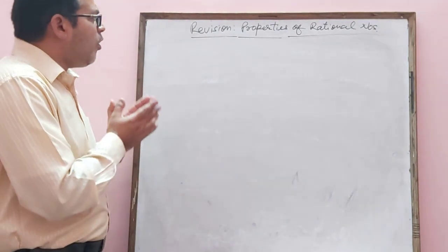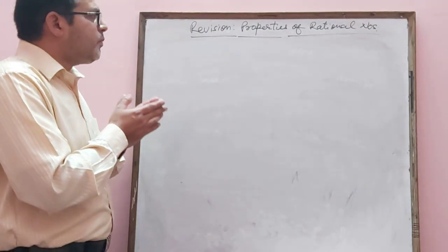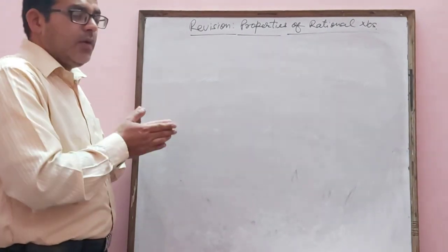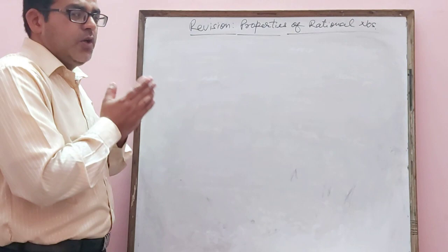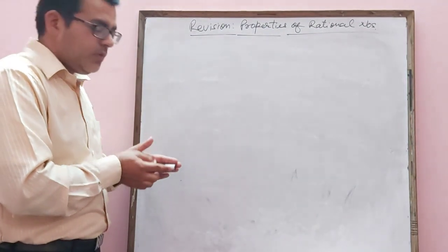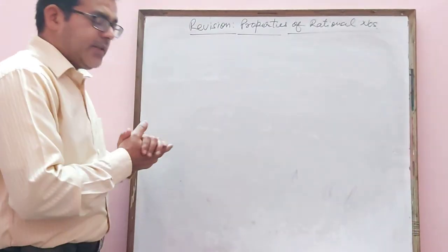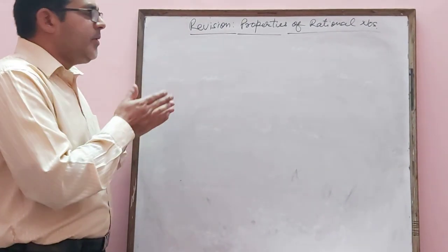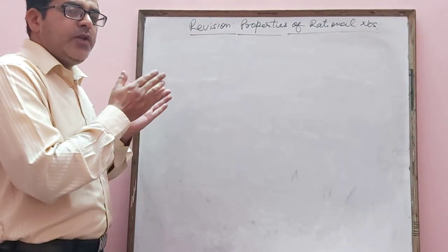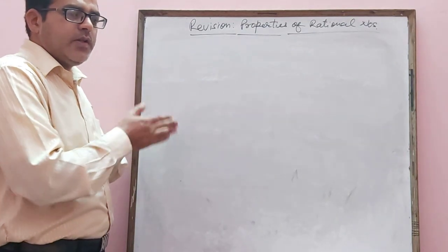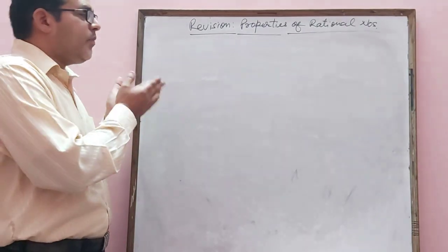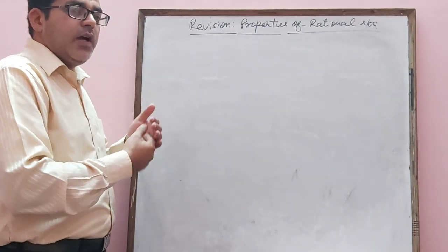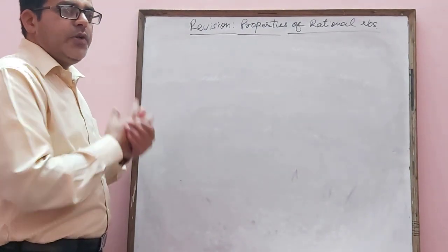So all of the properties, a total of 6 properties, are there in rational numbers. All 6 properties we have discussed now, right? This session and the previous session were for revision purposes only. Many students requested me, sir, we are unable to understand properties, so that's why I remade these 2 videos for you.